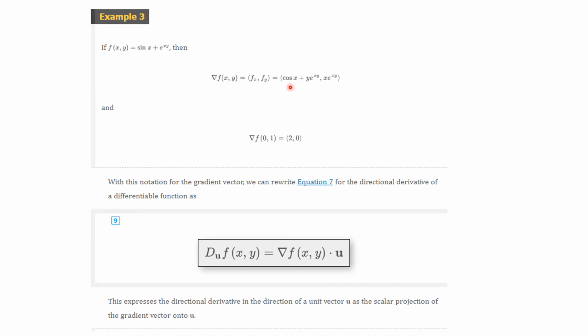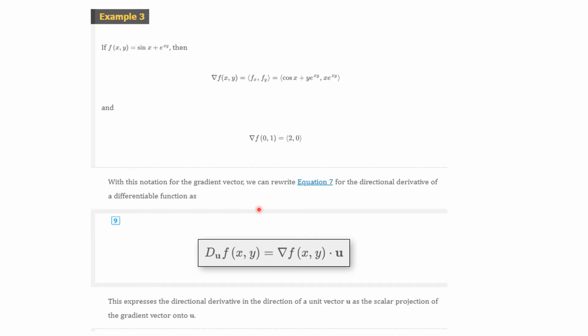So this is going to be cosine x plus y e to the xy. And then with respect to y, it's just going to be x e to the xy. And if I'm evaluating this at the point (0, 1), I put x to be 0 and y to be 1. We get the vector ⟨2, 0⟩.